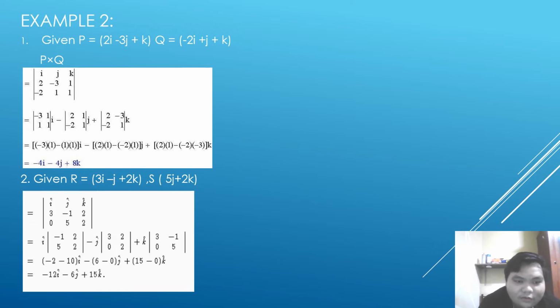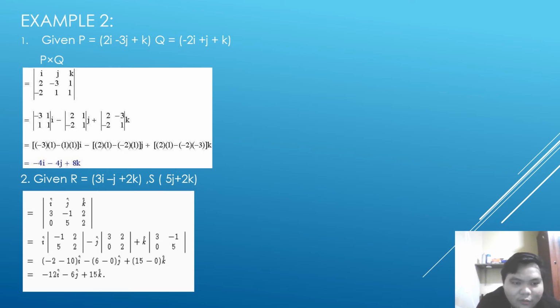So for the next step, we need to multiply. If we start with i, we ignore i and we multiply for j and k. So negative 3 times 1 and 1 times 1, we get from j and k. So i is negative 3, 1 and 1, 1.